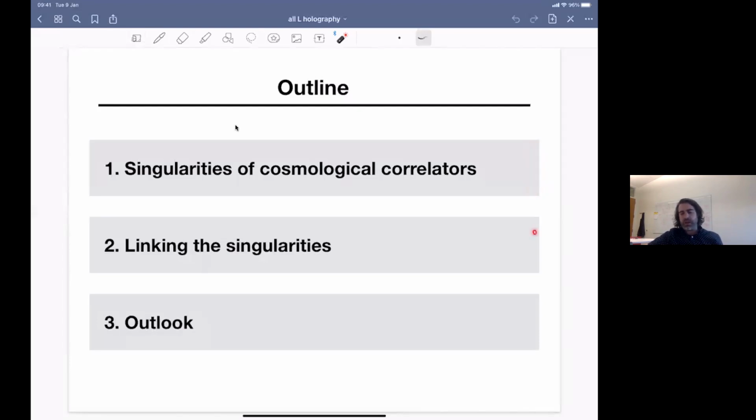Then an interesting fact is that you can think of the challenge of understanding time evolution in de Sitter space as getting translated into understanding how to deform correlators away from these singular points. And so I'll explain some ideas about how one might go about reconstructing correlators, only knowing information about their singularities. And then I'll conclude with some summary and vague speculations.